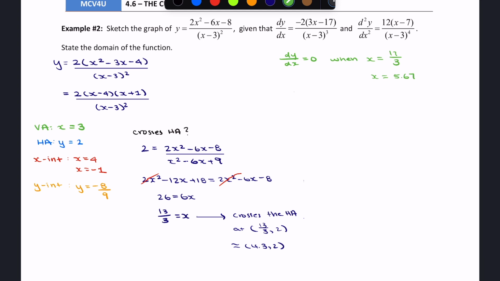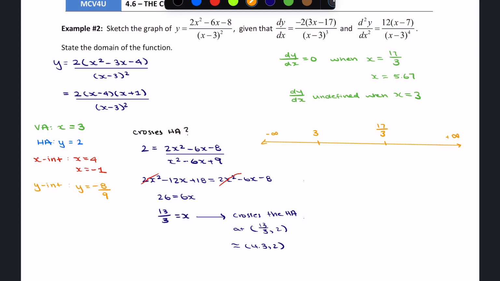And here we see that dy over dx is undefined when x is equal to 3. So here we have our critical points. Negative infinity to positive infinity, and our critical points are at 17 over 3 and 3. So negative infinity to 3, 3 to 17 over 3, and then 17 over 3 to infinity.